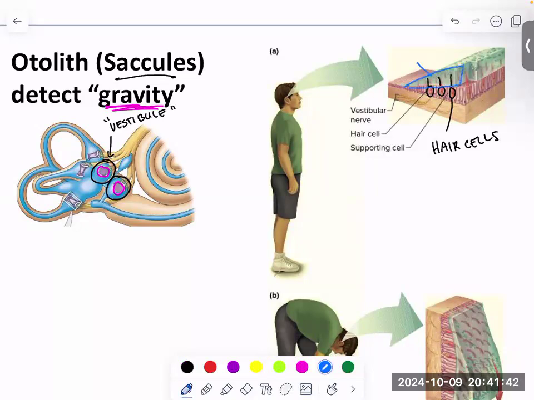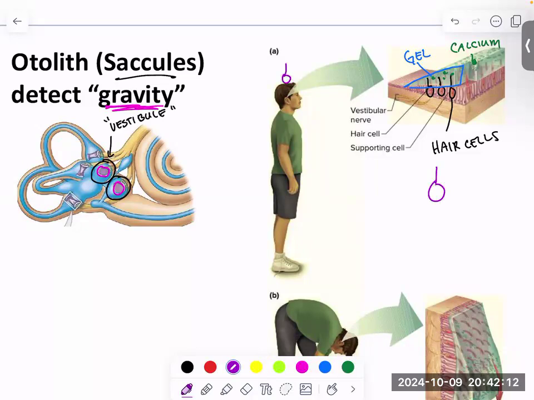That's a different gel. It is different than the vestibule only in this fact: that gel is full of little calcium rocks, calcium crystals, I should say. So this is what they look like. They stand up straight when you're standing up straight.